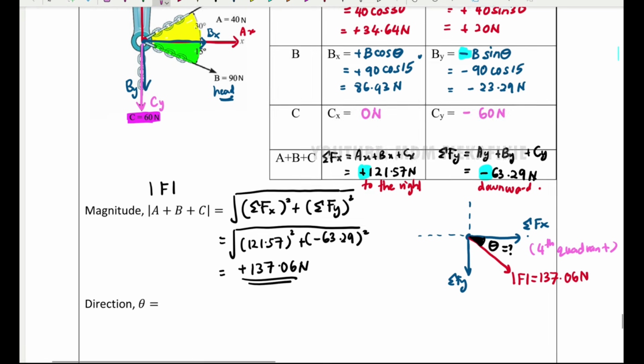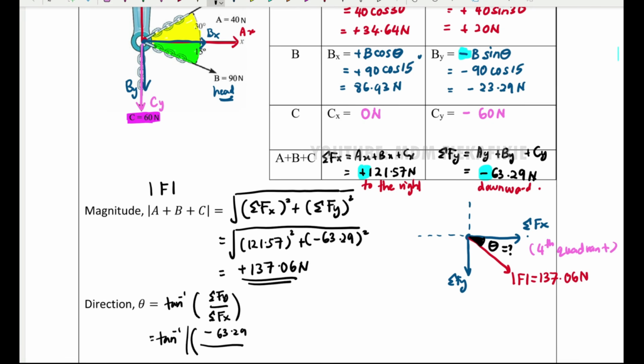Okay, so kita pun kira lah theta tadi by using that equation of inverse tangent total Fy, tulis satu-satu, over total Fx. Biar you ingat. Okay, so total Fy saya adalah negatif. You boleh letak modulus kalau you nak. Okay, kita nak nilai dia saja. Negatif 63.29 over 121.57.